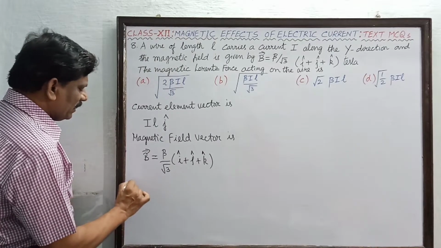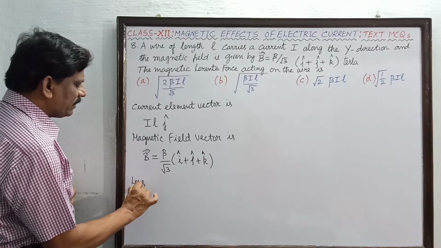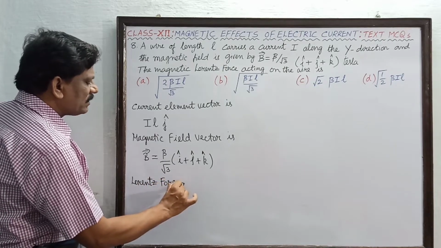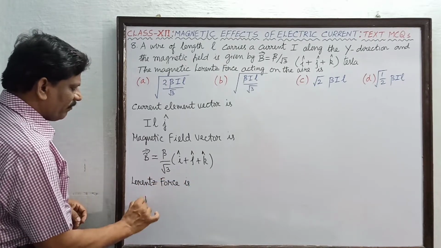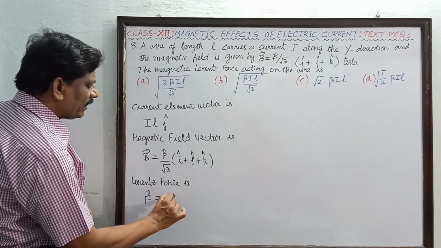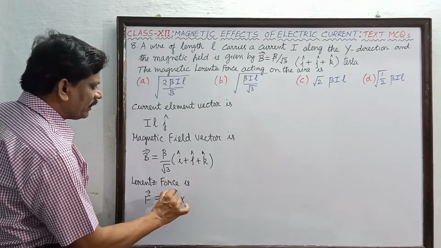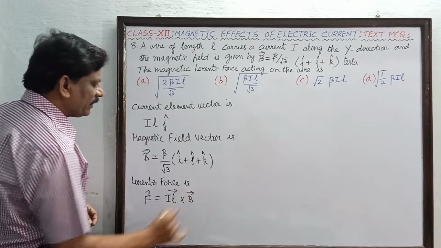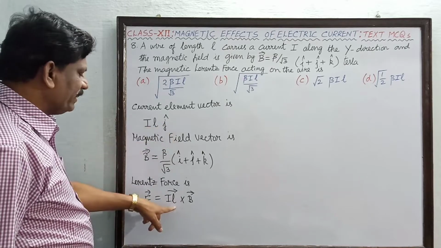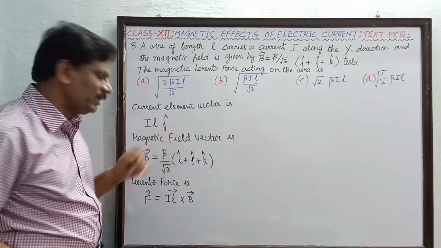First, the Lorentz force is given by the general expression. In vector form, force vector is equal to IL vector cross product with the B vector. Instead of IL vector, we are going to substitute IL into j cap.